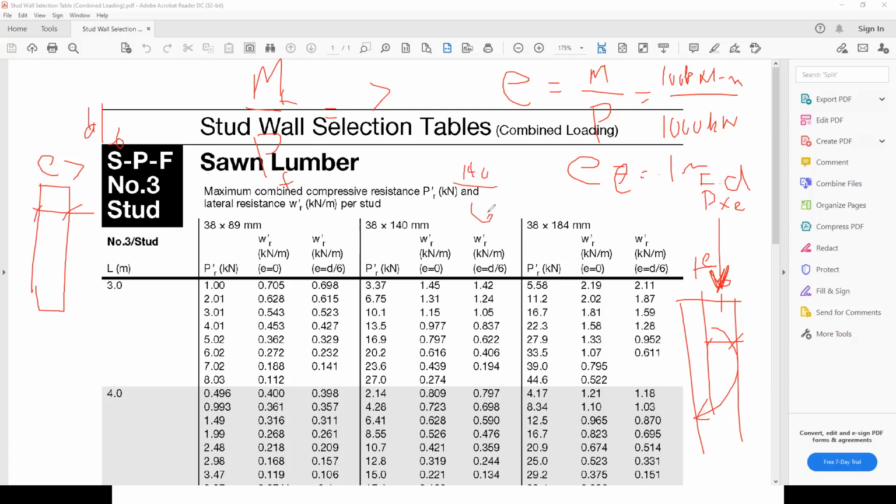Does anybody have a calculator very close at hand? Somebody very quickly, 140 divided by 6. I get 23.3 millimeters. So if this eccentricity exceeds 23.3 millimeters, then you cannot use this table. You have to use the equation.